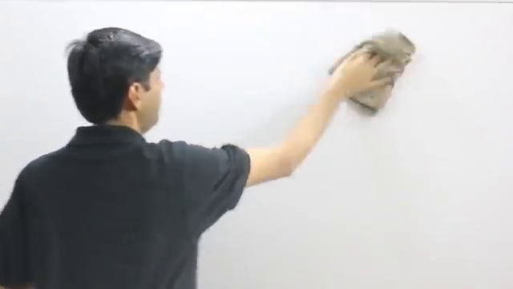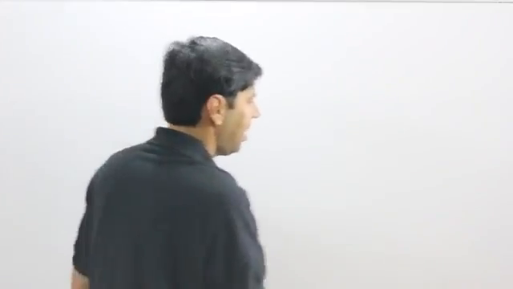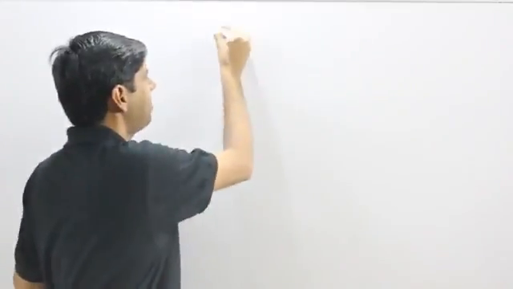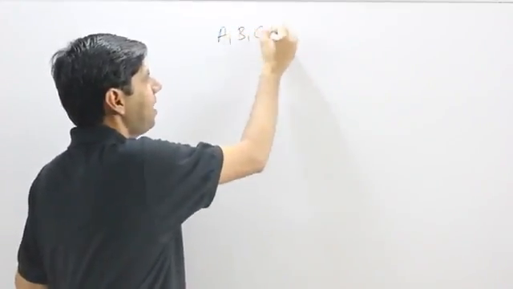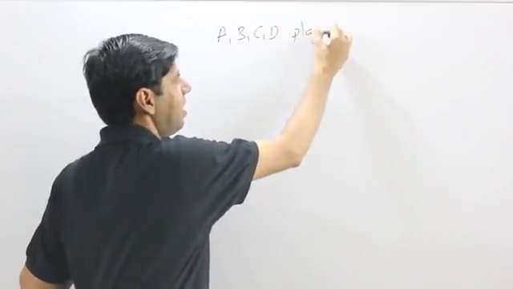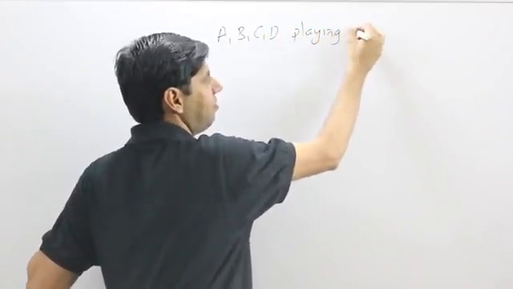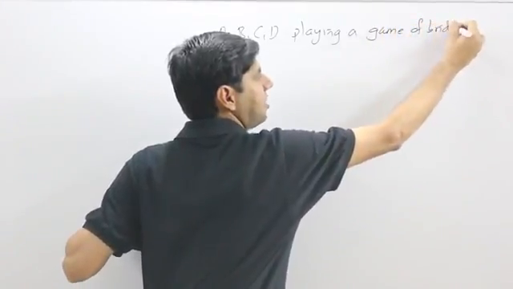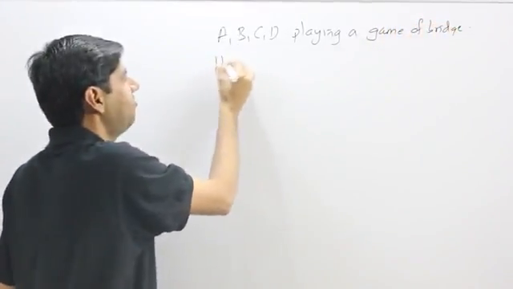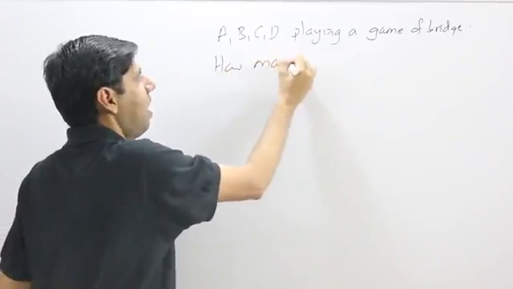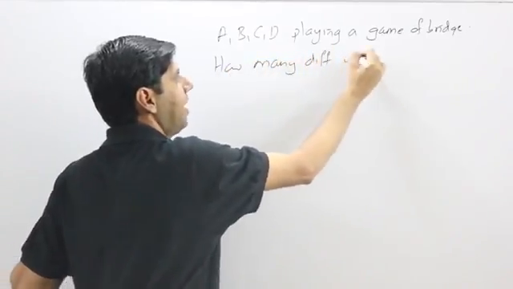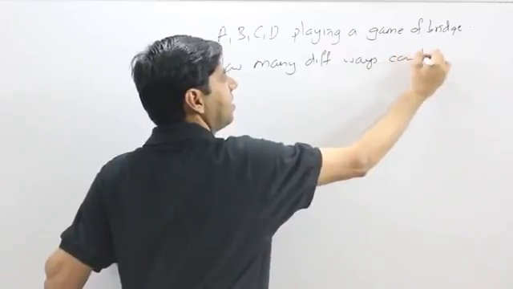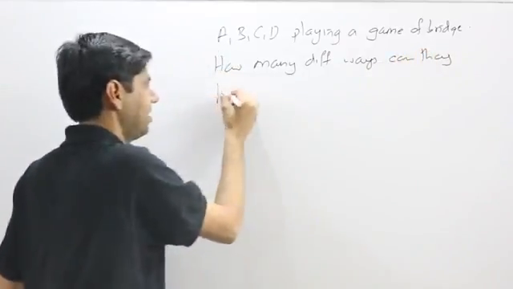The first question is, there are 4 people A, B, C, D playing a game of bridge. The question is, in how many different ways can they hold hands?